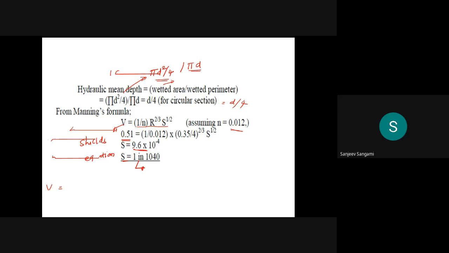Then we are getting the bed slope. Bed slope is equal to 1 in 1040.